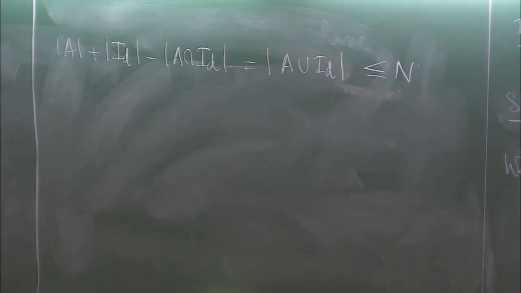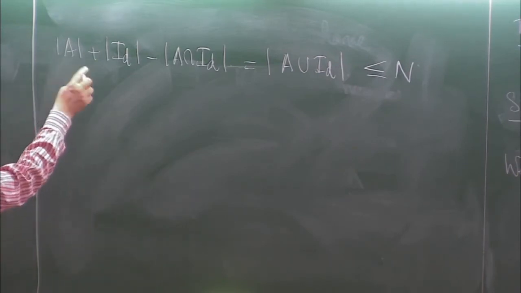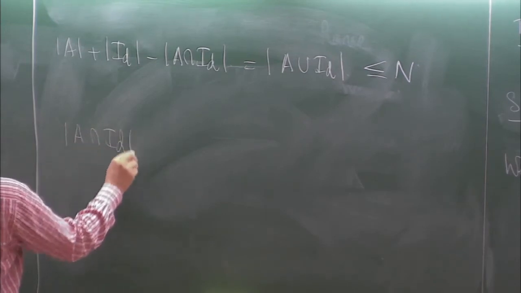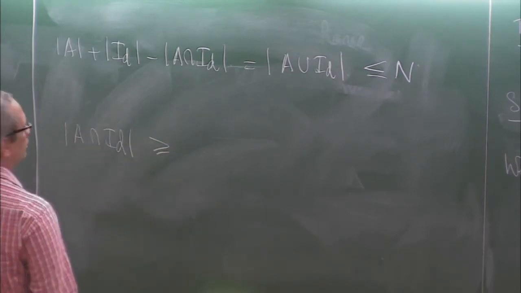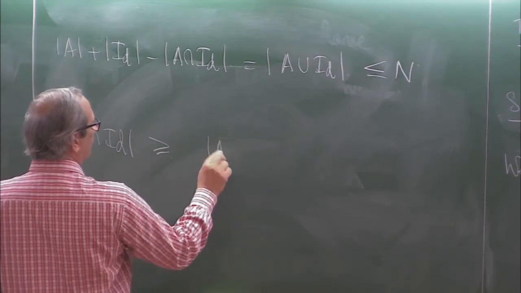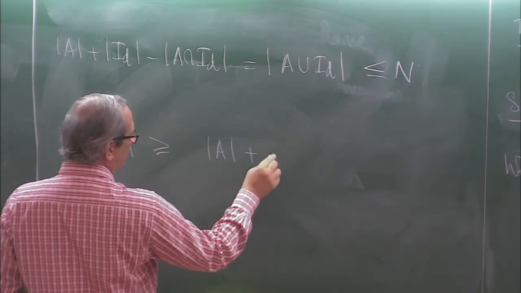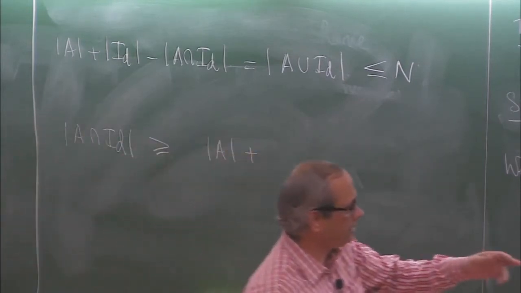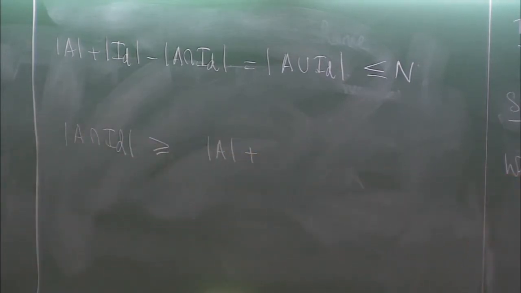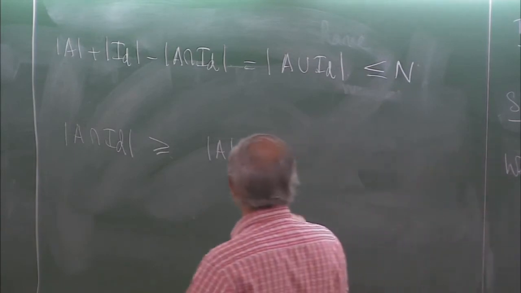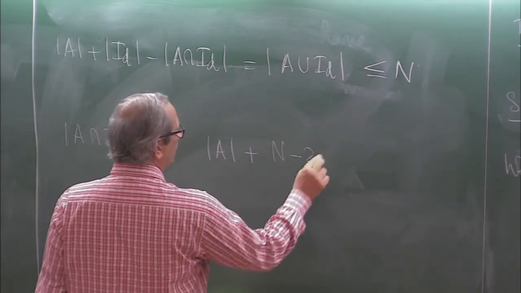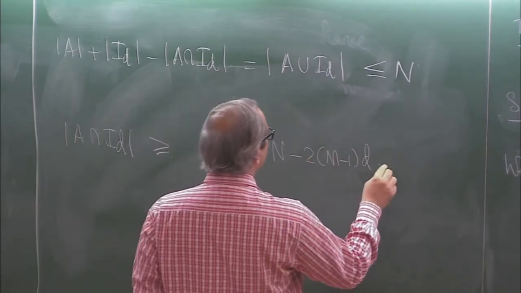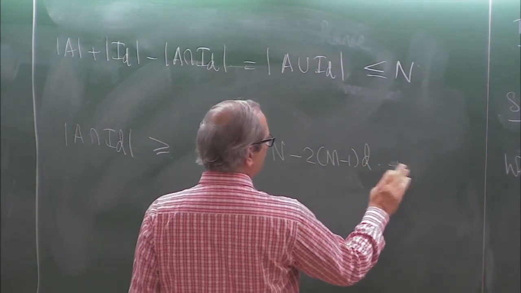Okay, and therefore you see that cardinality of A intersection ID is greater than or equal to cardinality of A plus cardinality of ID minus n, which is what? What is the cardinality of ID? It is the difference plus 1. So it is n minus 2 m minus 1 d here, then plus minus an n.